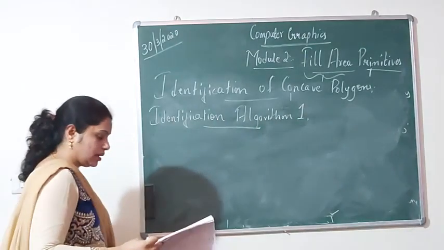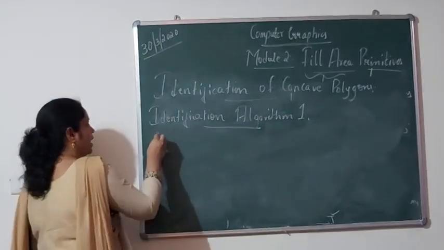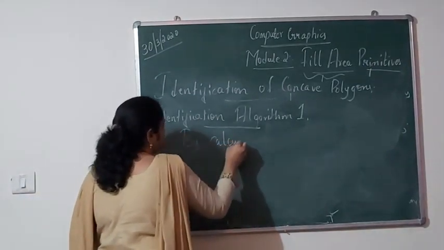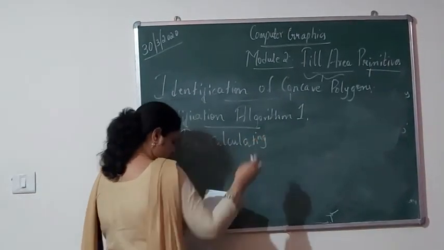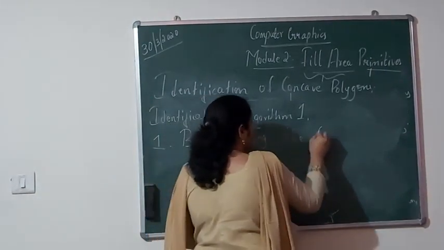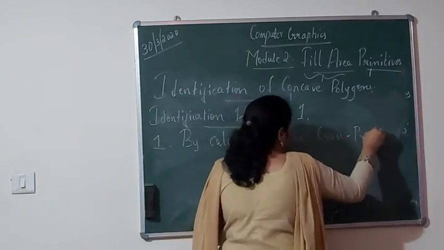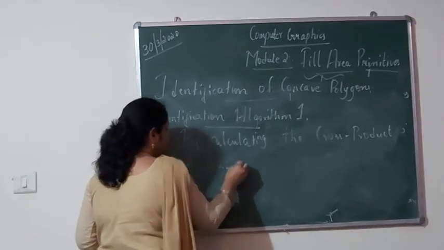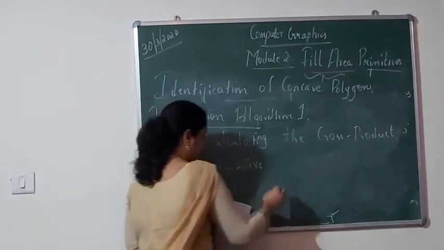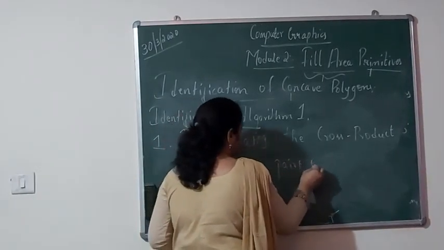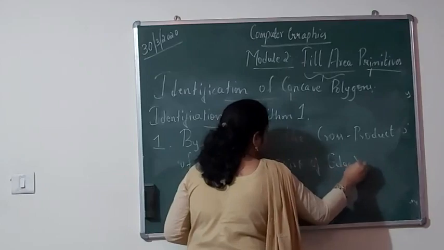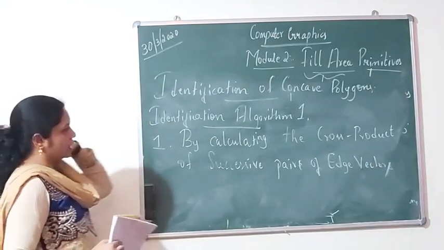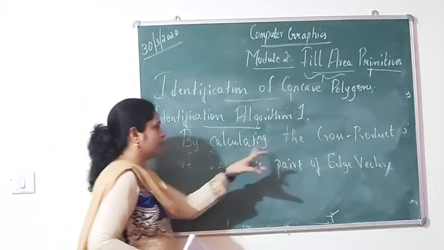The first algorithm says that we can identify the concave polygon by calculating the cross product of successive pairs of edge vectors. So this is the first identification algorithm.